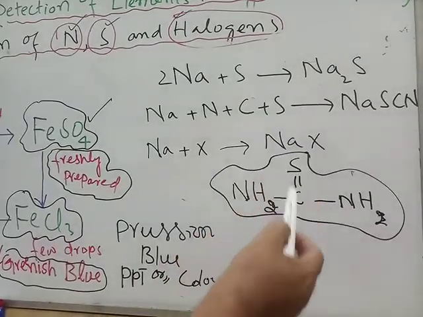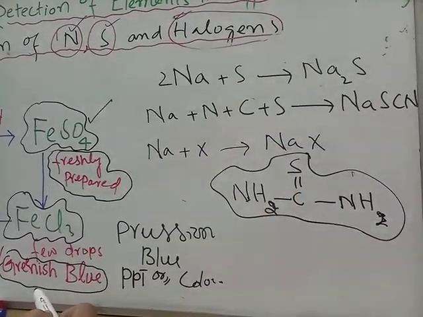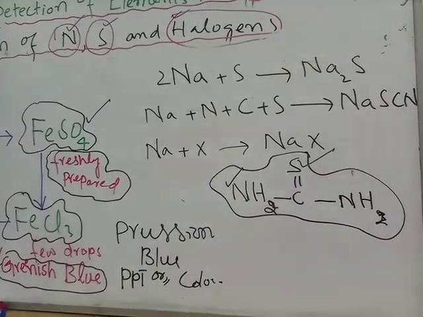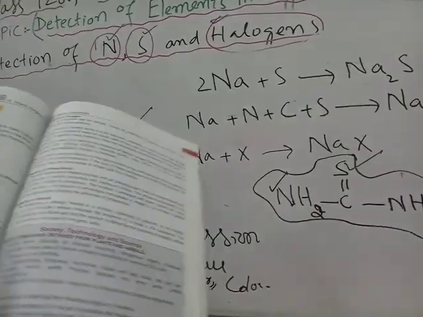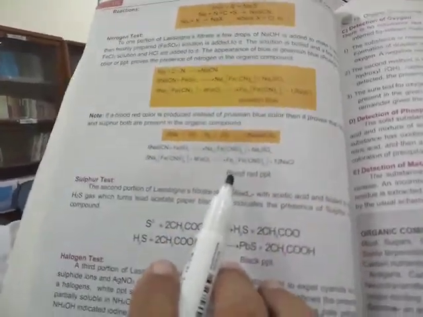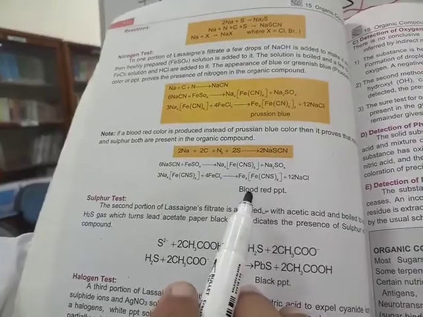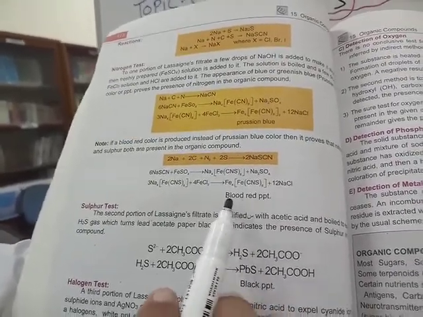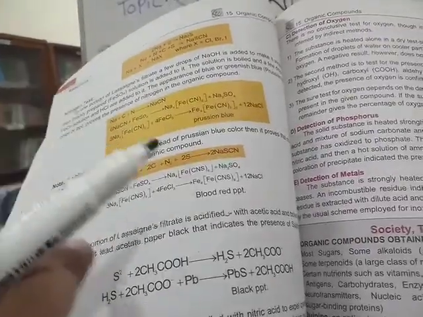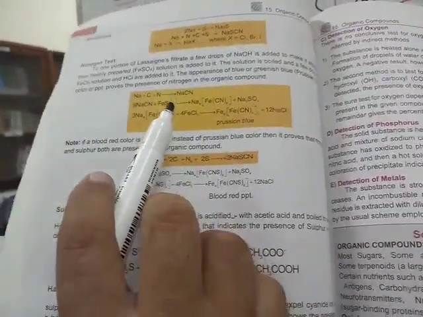It has sulfur instead of oxygen, so it contains both sulfur and nitrogen. Then instead of Prussian blue, we will get a blood red precipitate. There is no difference between these two reactions, just one difference.